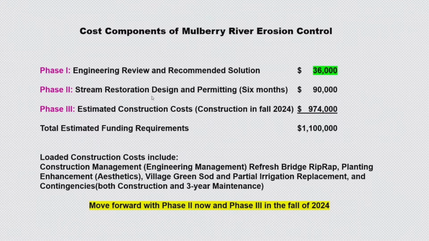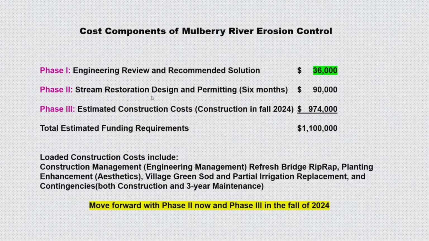So that's 60,000. Refresh the bridge riprap is another 30,000. Planting enhancements, that's all the plantings around there when we get these 3-to-1 slopes in, that's 50,000. Village green sod and partial irrigation replacement, I'll explain more about that later, but that's up to 15,000.